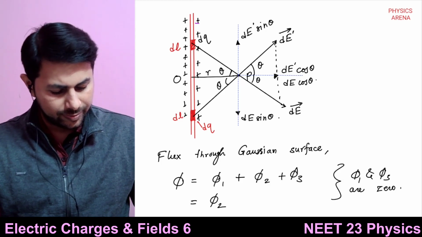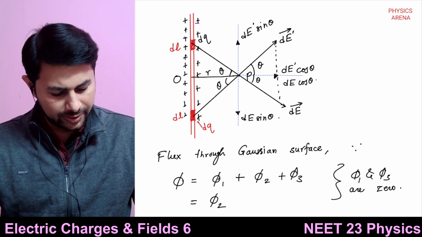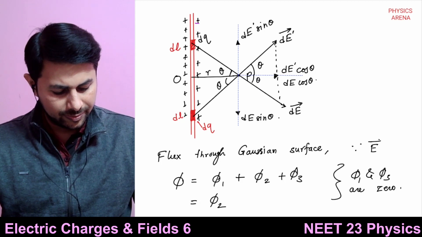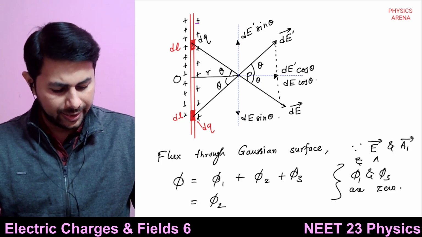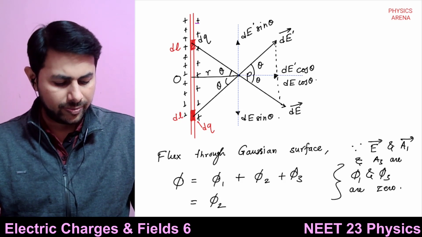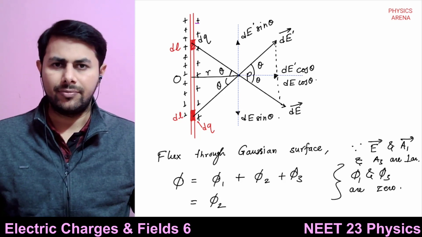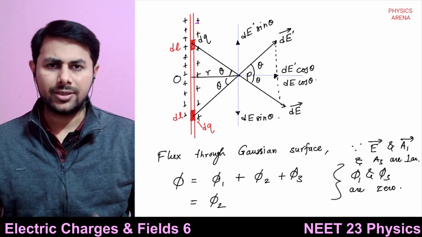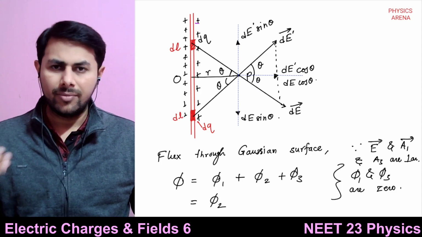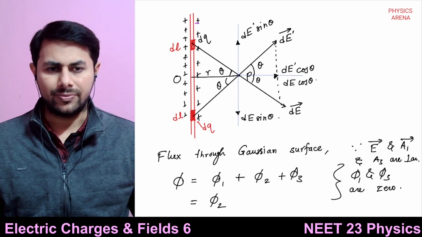Why are they 0? Because E bar, A1 bar and A3 bar are perpendicular to each other. Since they are perpendicular, the dot product of the electric field and area vectors is 0, and that's why the flux through those surfaces is 0.